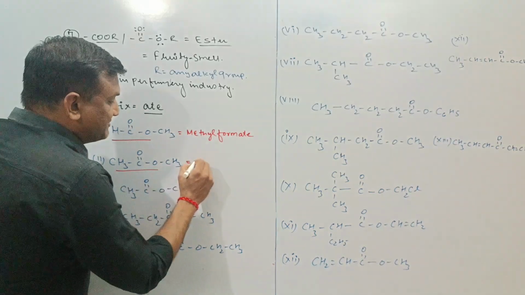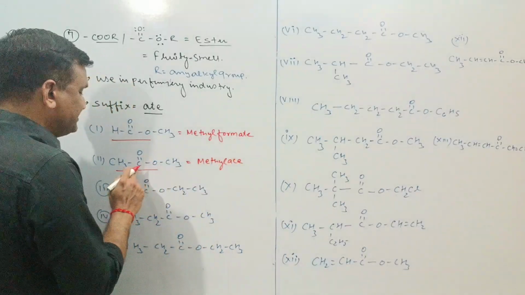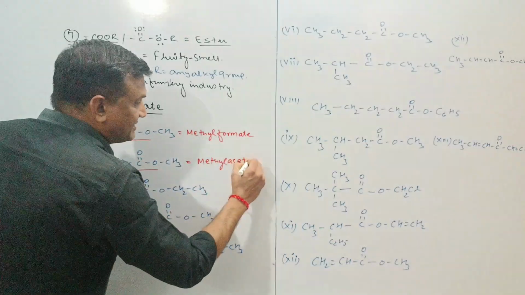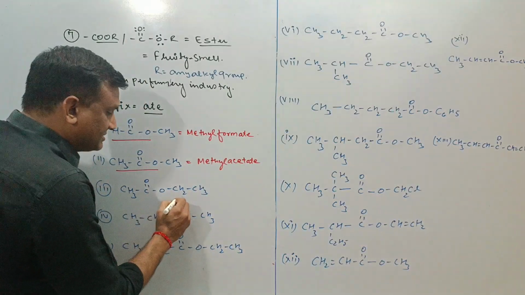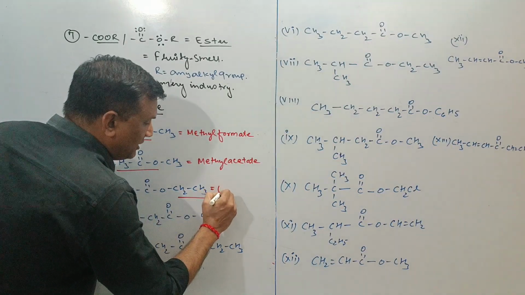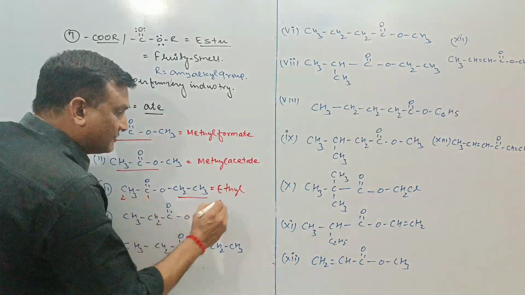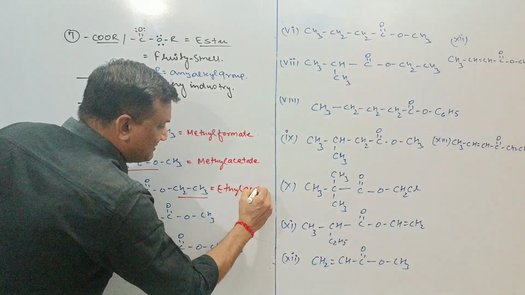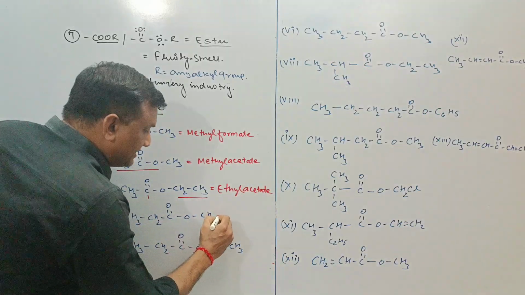The alkyl group is methyl, so you call it methyl. There are two carbons in the chain, acid plus ate will be the suffix. For the next compound, this is the ethyl group, so you call it ethyl. Here are two carbon atoms, so again you say acid plus ate. It will be acetate. For this, it is your methyl.